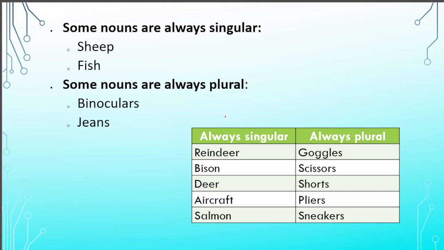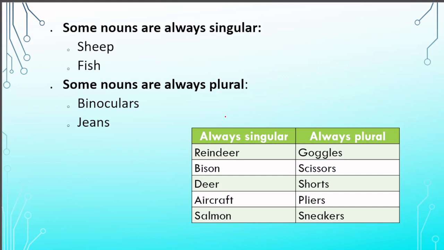Examples are binoculars, jeans, goggles, scissors, etc. कुछ words हमेशा singular ही रहते हैं plural में भी, और opposite में कुछ words हमेशा plural रहते हैं. तो you have to read a lot, practice, and learn these words. Okay, these are 9 rules for pluralization.